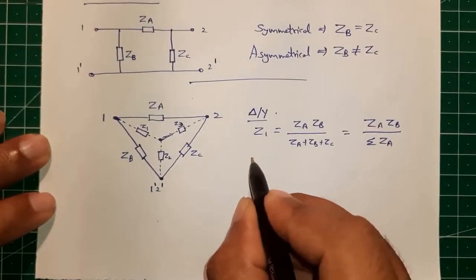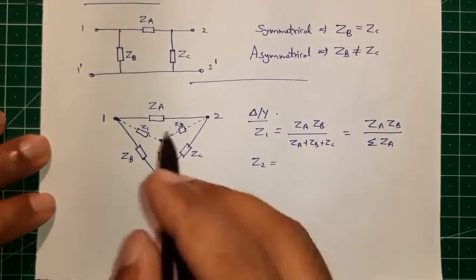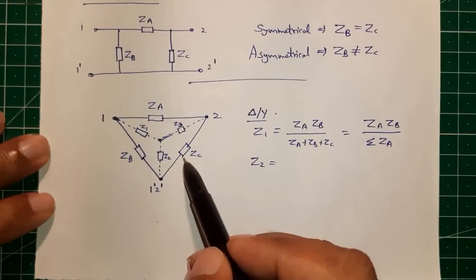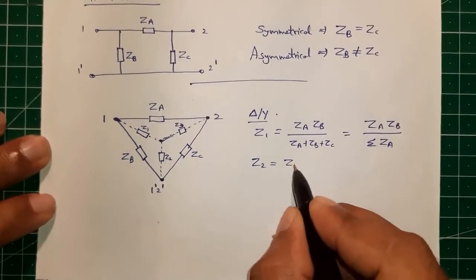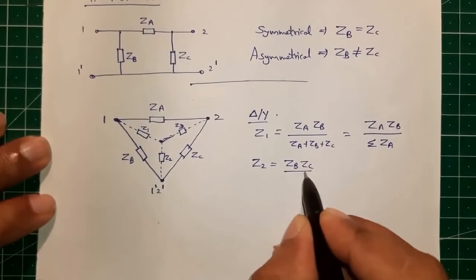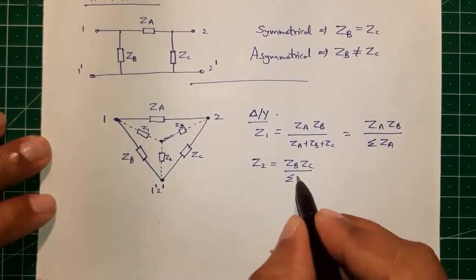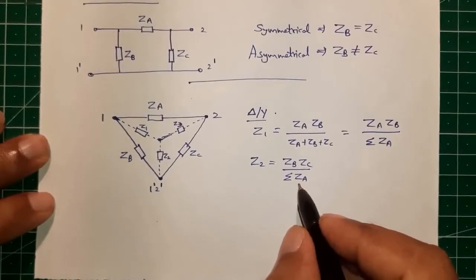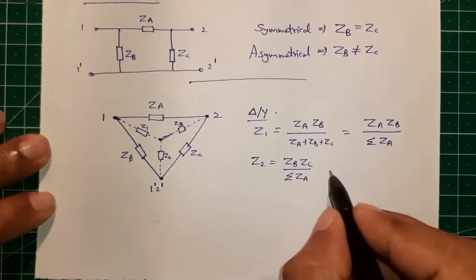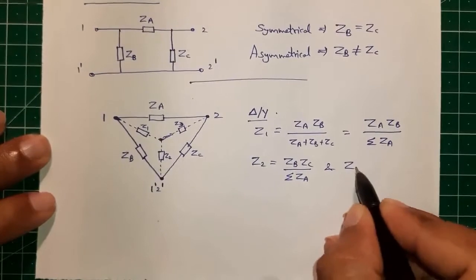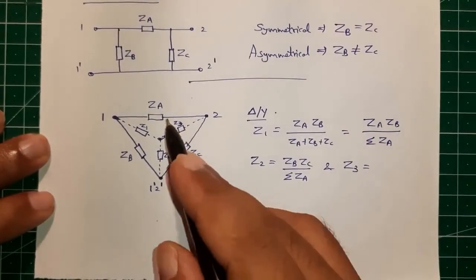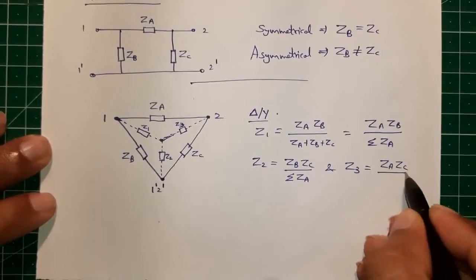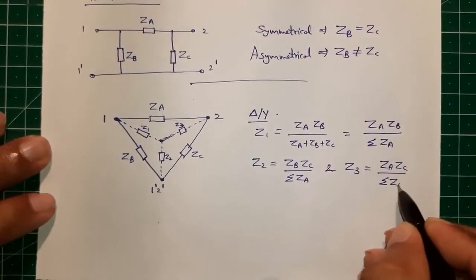Similarly, we can write Z2 is equal to ZB ZC upon sigma ZA, where sigma ZA is again ZA plus ZB plus ZC, and we can write Z3 is equal to ZA ZC upon sigma ZA.